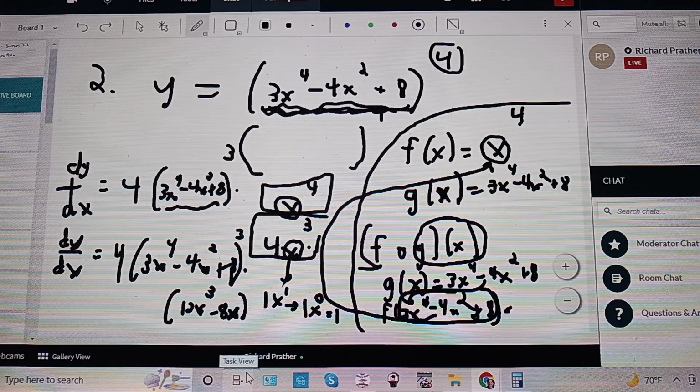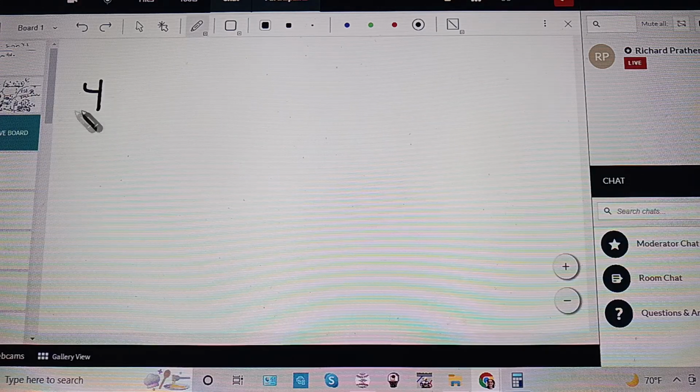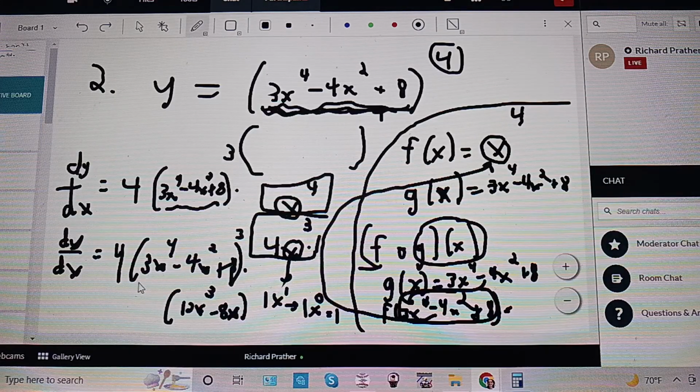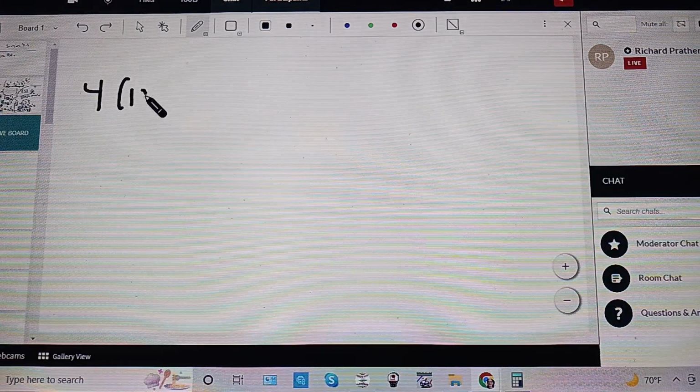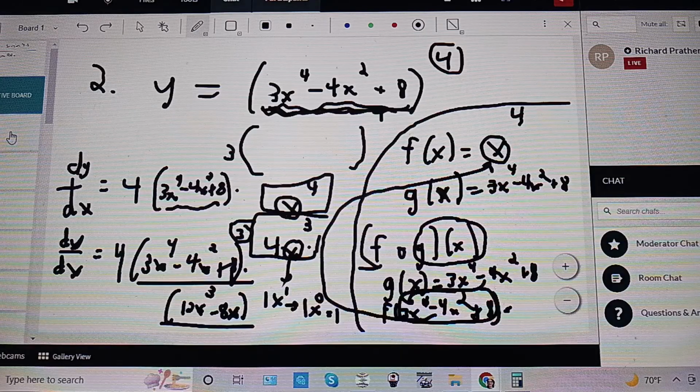Okay, so in terms of cleaning this up a little, you can definitely put a constant in the front of the answer. Typically, if you have a parenthesis with a power and another parenthesis that doesn't have a power or just has a 1, then they'll typically put that part next. 12x to the third minus 8x.